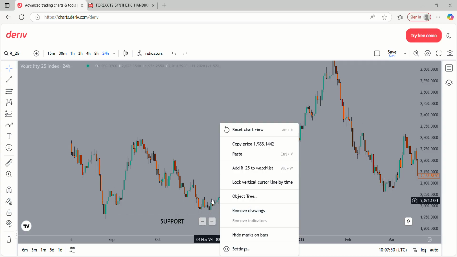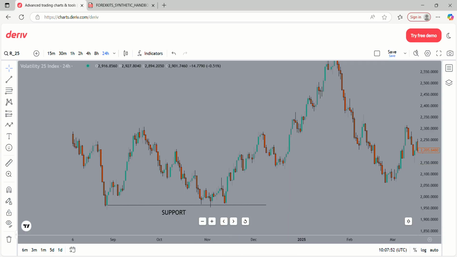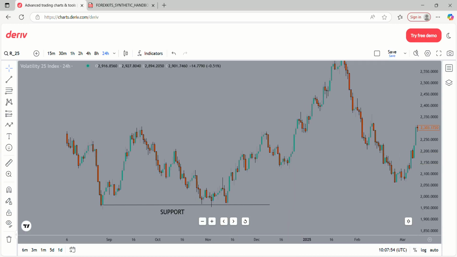So this is the floor level. This is the area where the market reaches and then starts buying, right? So this support level has three touches. The first touch, one, the second one, two, and the third one, three.